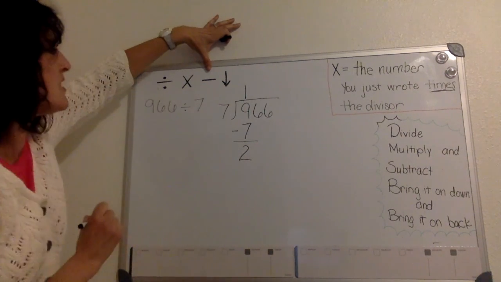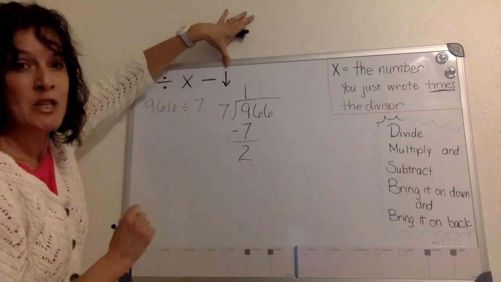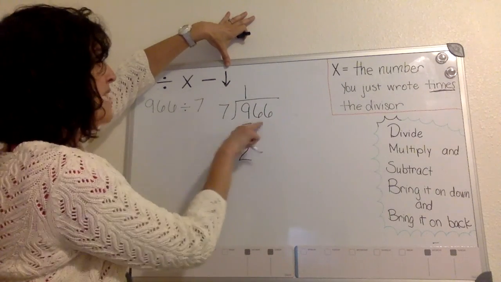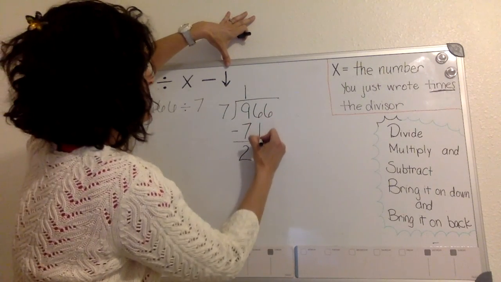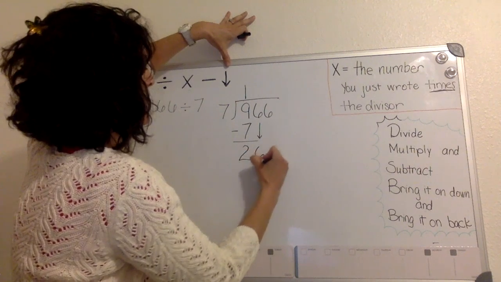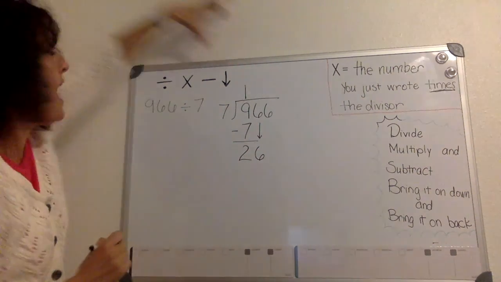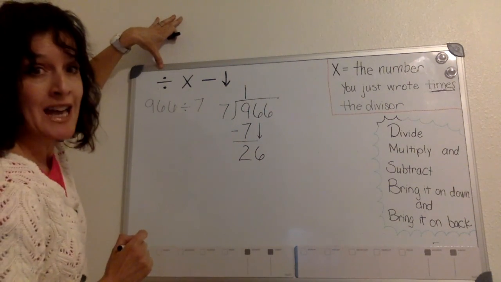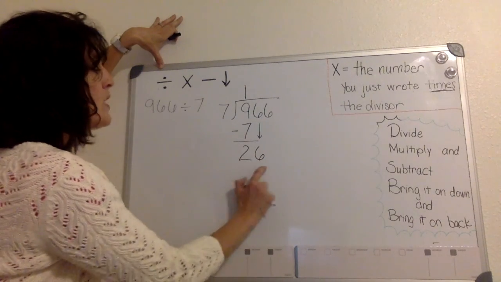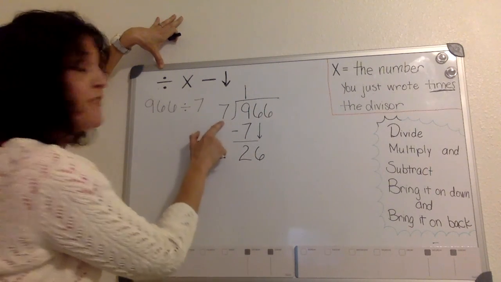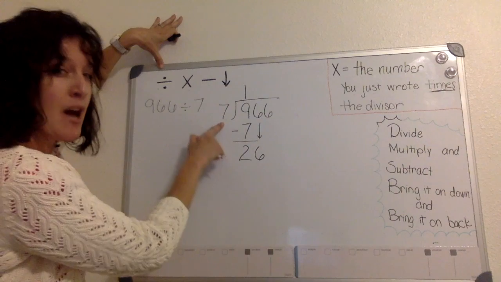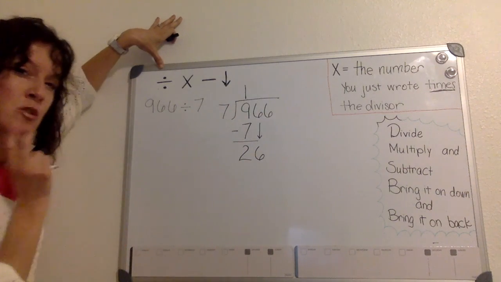Nine minus 7 is 2. Finally, we're going to bring it down. And we have something to bring down. That's my 6. Because I brought a number down, I need to start all the way over at the very beginning. 26 divided by 7. All right, how many 7s fit into 26?